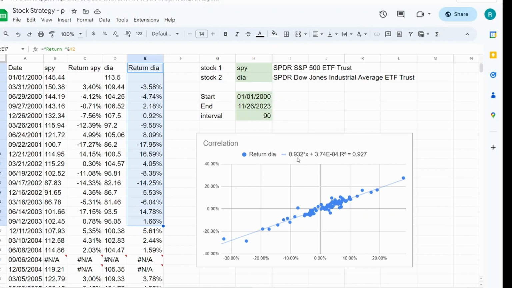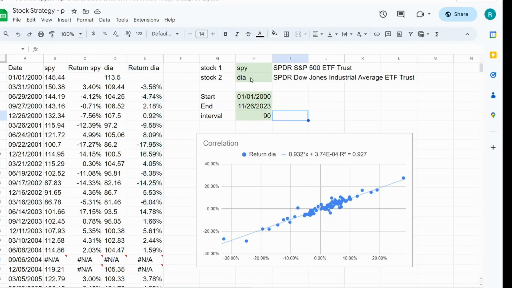And then the slope in the equation is how we can calculate the prediction. So here it is 0.9, which is almost 1. And that way we can say that when the first stock, S&P 500, gains 10%, the second stock will likely be around 10%. And that's how we can model the data.